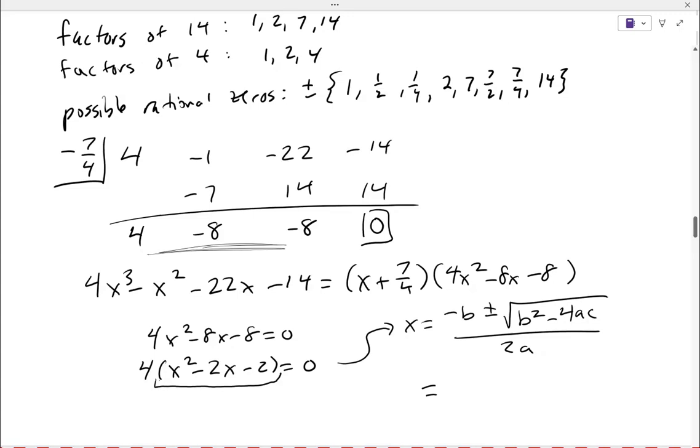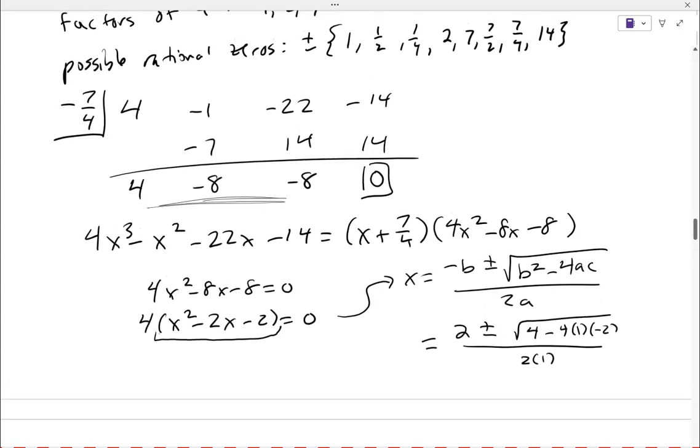What's b? -2. So we get 2 plus or minus square root of 4, because -2 squared will give me 4, minus 4 times, what's a? And c, -2. So we get 2 plus or minus, -4 times the -2 will give me a +8.